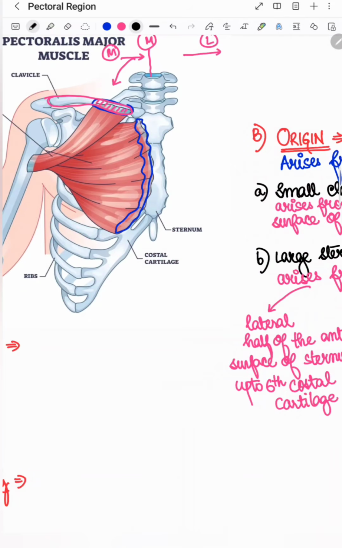First of all, lateral half: obviously this is the sternum, so this is the medial, and away from the midline is the lateral. So in the lateral half, we can see the origin up to the 6th rib, and obviously these are the medial parts of the 2nd to 6th ribs. Finally, we will get over here the external oblique muscle aponeurosis also.